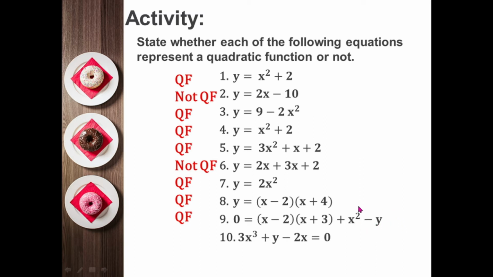Then we transpose y to the other side, making it a function y is equal to 2x squared plus x minus 6. And the degree of the function is 2. So therefore, it is a quadratic function. And lastly, number 10. Is it a quadratic function? No, it is not a quadratic function because the variable x has a degree of 3.